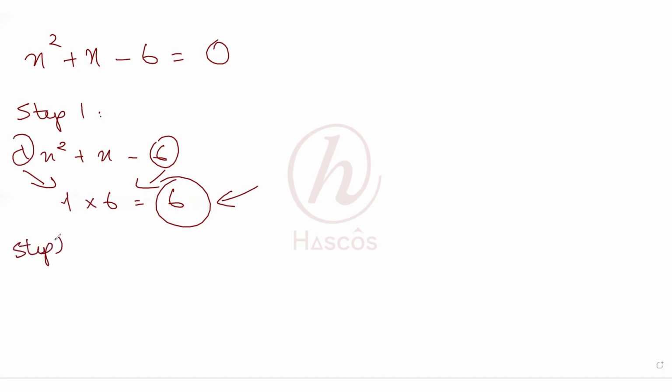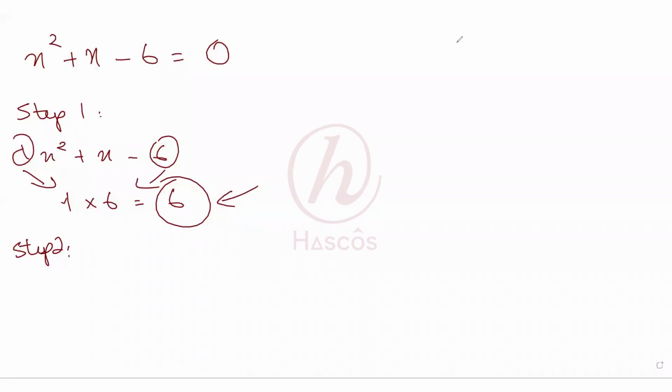Now step number 2 is also identical. Step number 3 is also identical, but there is going to be a slight change in step number 2. I beg your pardon. Step number 2 is going to be identical to step number 2 of the previous question, but there's going to be a slight change over here.